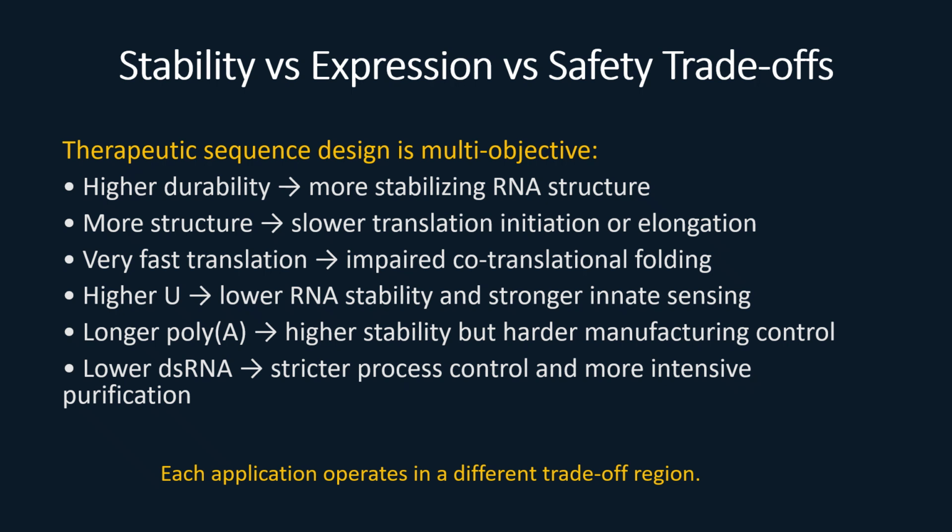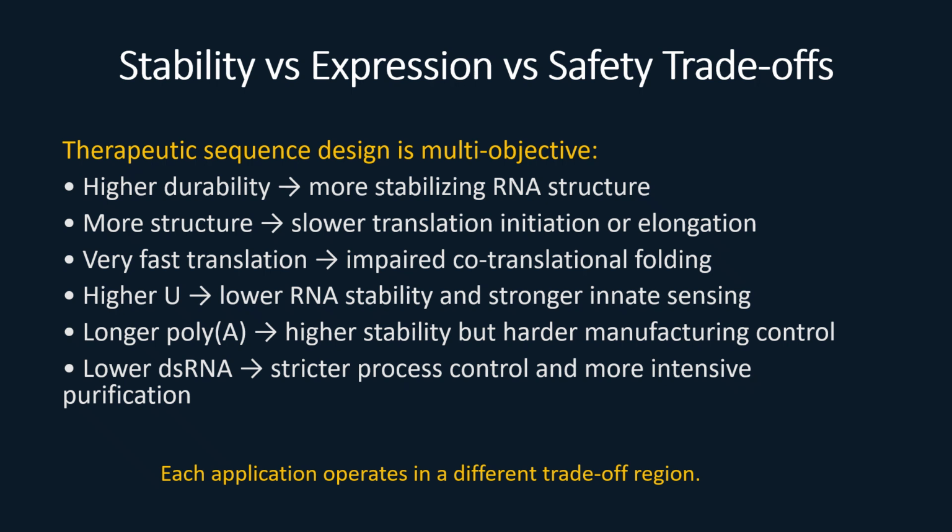Okay, so what's the reality? Sequence design is not a single optimization problem. If we want longer persistence, we generally add stabilizing structure, but structure slows ribosome movement and can reduce translation efficiency. Maybe we want translation a bit faster, but then proteins may not fold properly during synthesis.